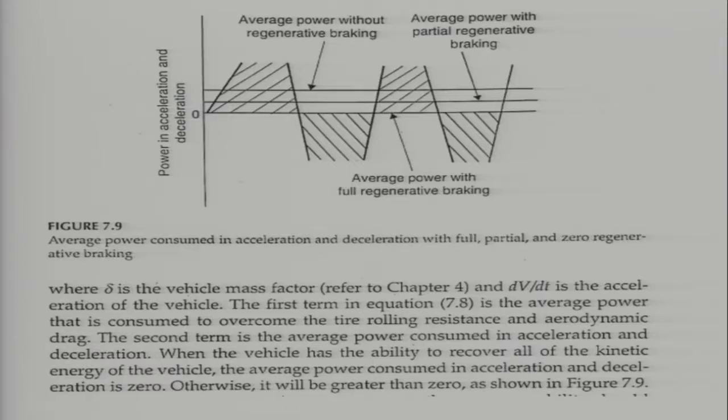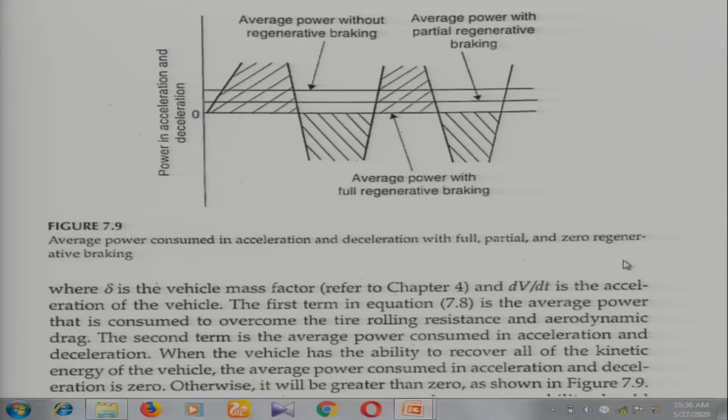You can see from this that if you are able to recover a partial amount of power, then you have this much average power. Now if you have full regenerative braking, that means whatever amount of kinetic energy is there in the wheels, if you are able to recover it completely, you have power in acceleration and deceleration as 0 on this axis.